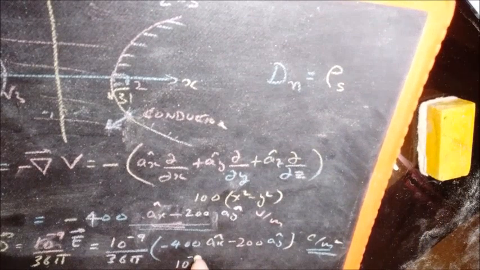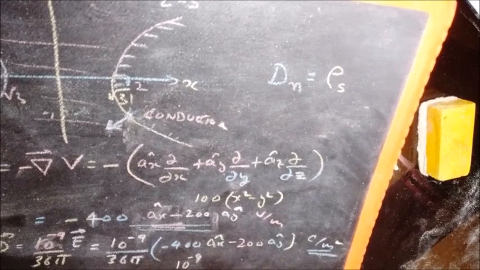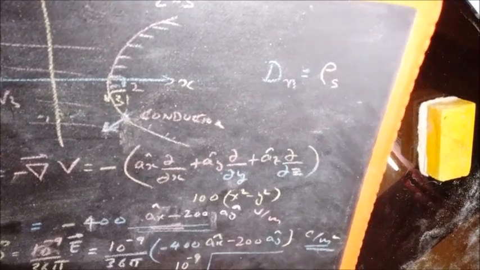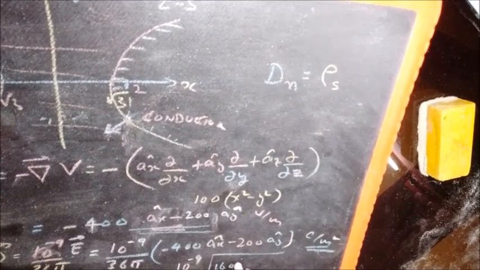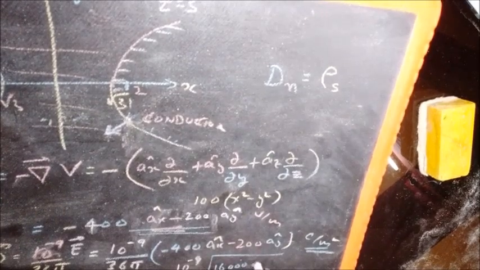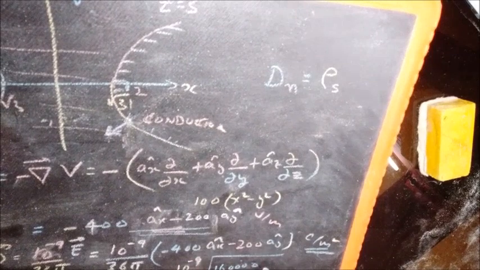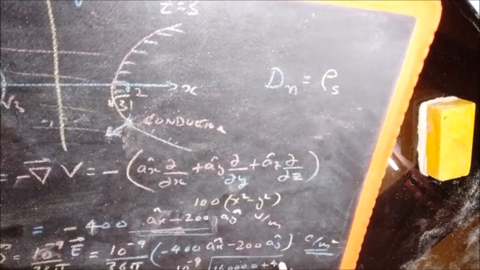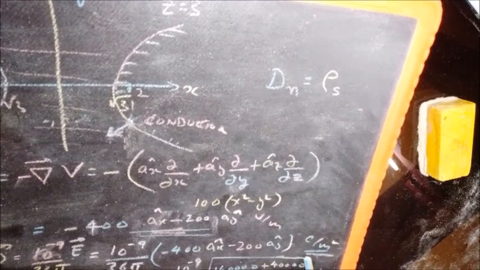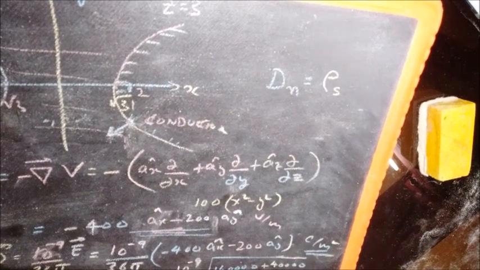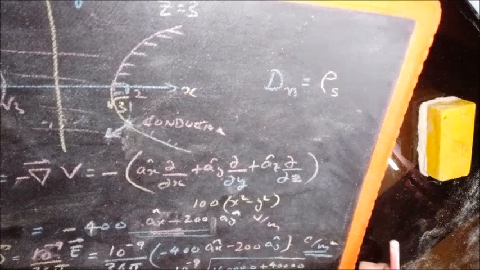10 power minus 9 by 36 pi square root of 16 followed by 4 zeros plus 4 followed by 4 zeros. This is the value of rho s, because Dn is equal to rho s by virtue of the boundary condition.